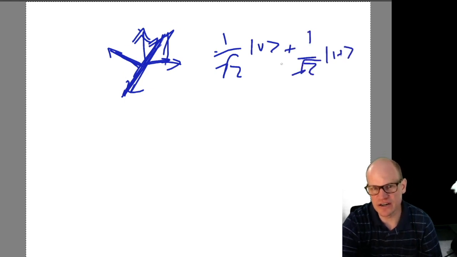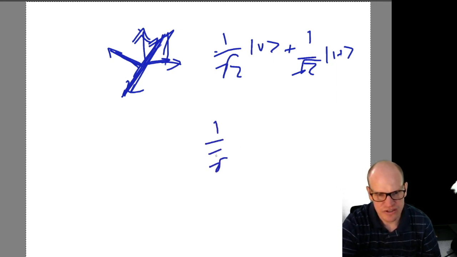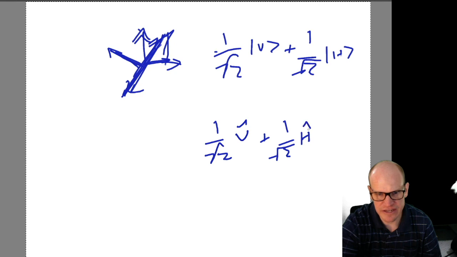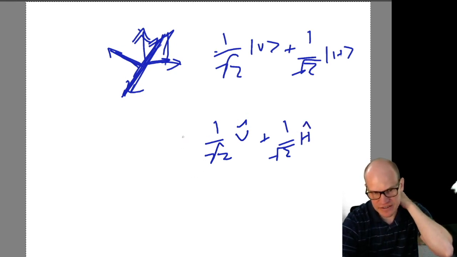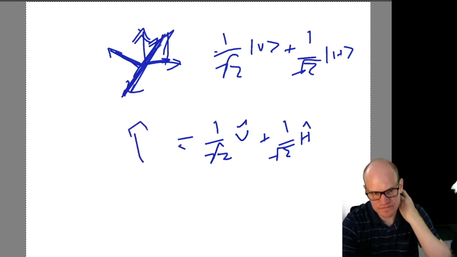Another way to write this would be 1 over root 2 in the vertical direction, which would be v hat, plus 1 over root 2 in the h hat direction. And then I dot that, so this is my photon.